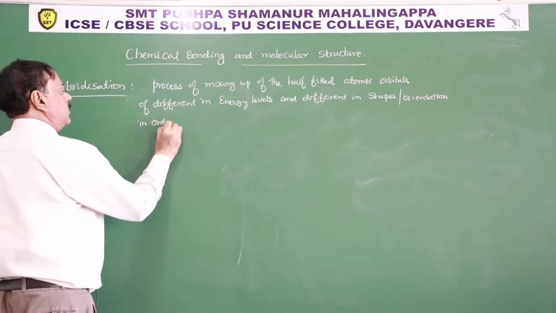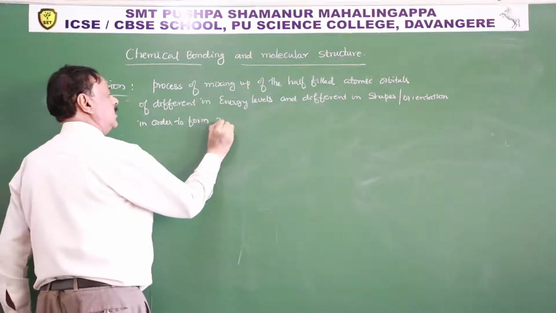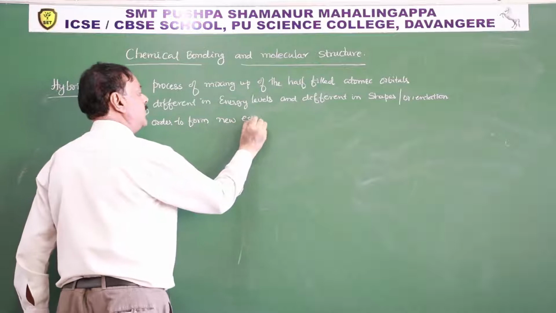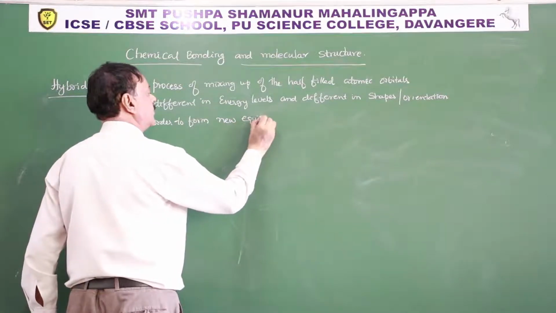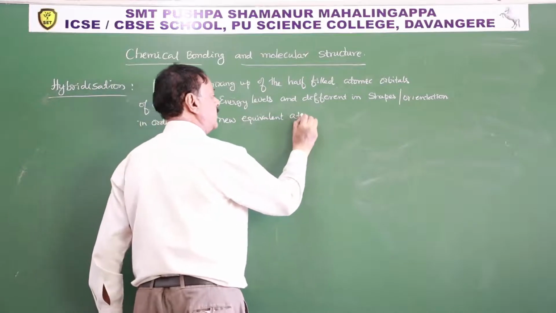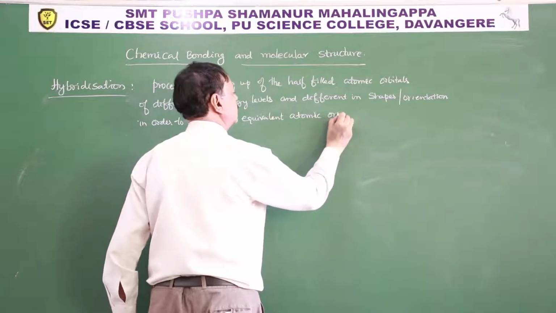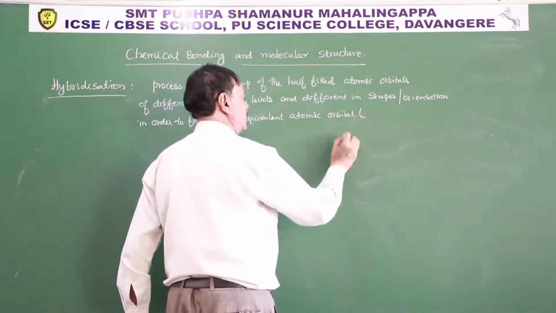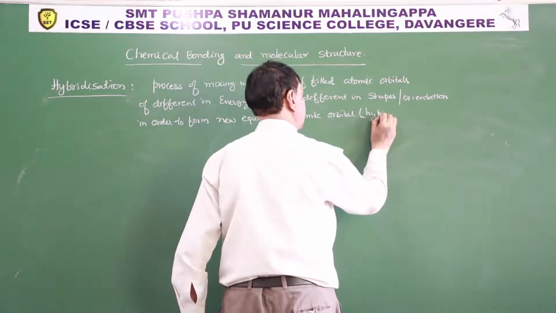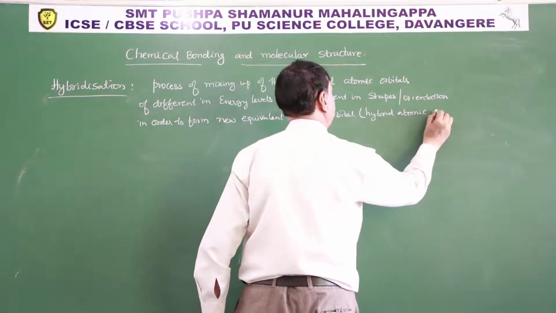In order to form new equivalent atomic orbitals, this is called hybrid atomic orbitals.